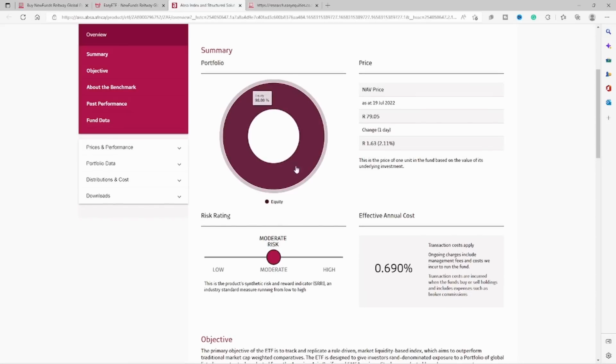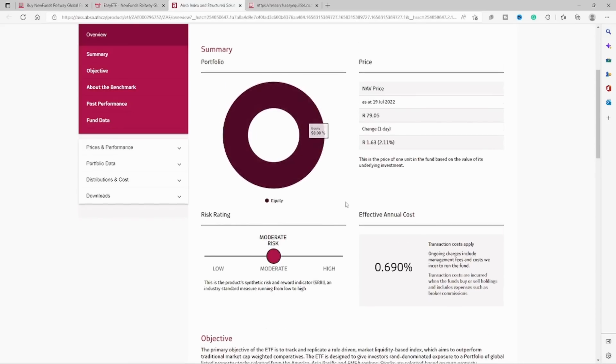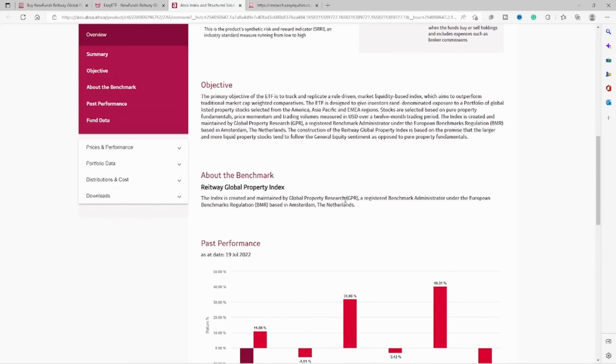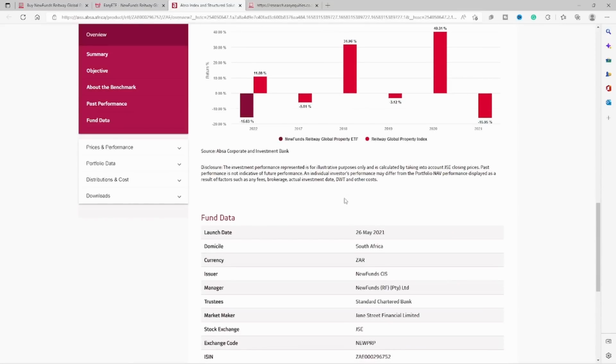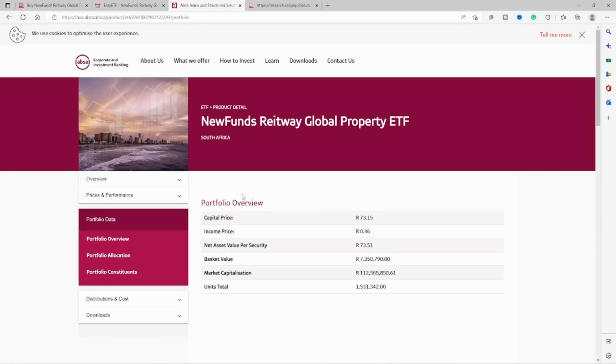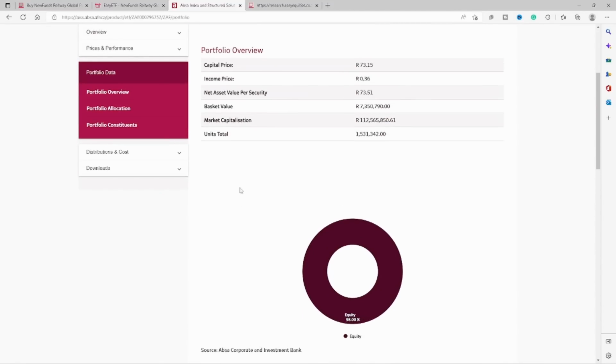So it's solely based on equity. So they buy shares. Is it portfolio data? Basket value 7 million. Is it 7 million? Yeah. Market capitalization 112 million. Unit total 1.5 million.